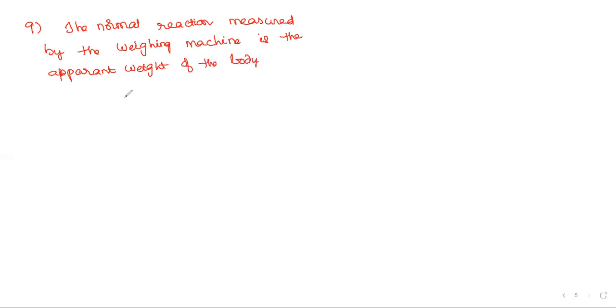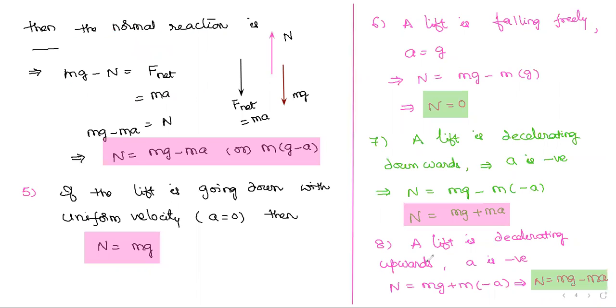That's why I conclude that normal reaction, when you come to the weighing machine, is the apparent weight. That's why even they ask this model, when a lift is decelerating upwards with some negative acceleration, what is the apparent weight? I have to write N is equal to mg minus ma. This is the apparent weight.